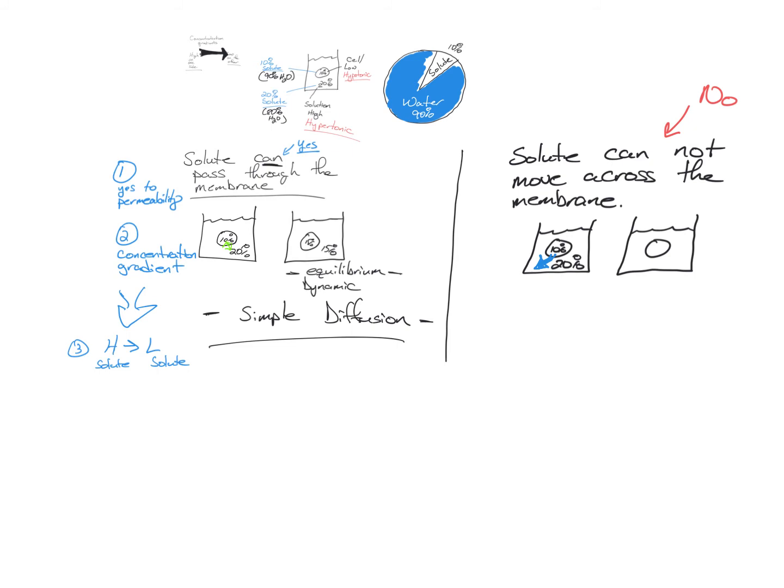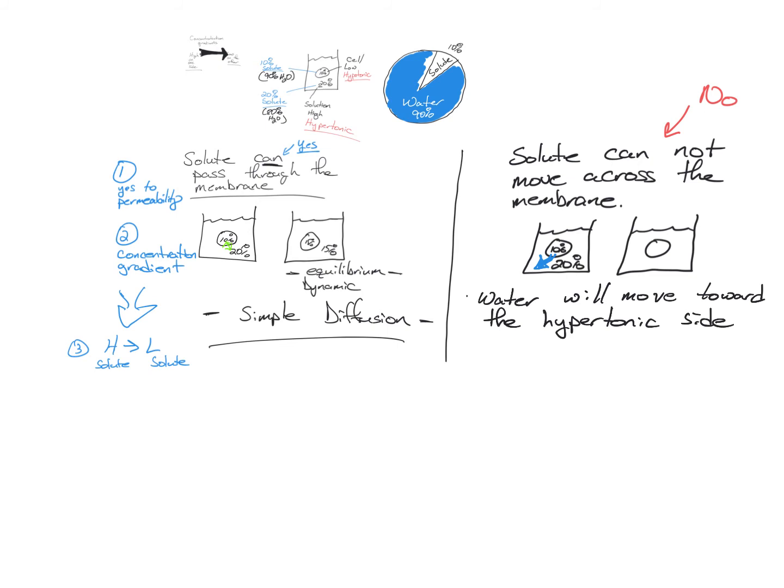So if the solute can't move across the membrane, then the easiest way, though I think it's the laziest way, but it is the easiest way: water will move toward the hypertonic side.